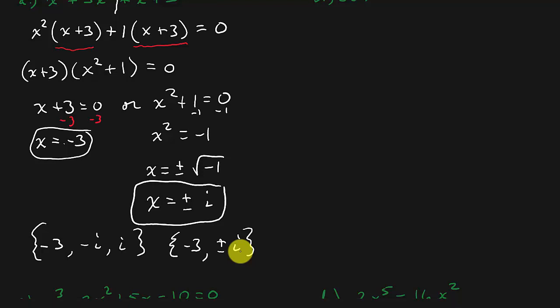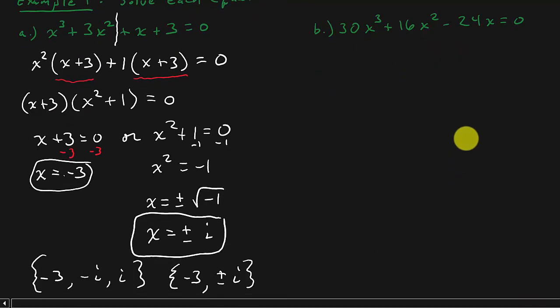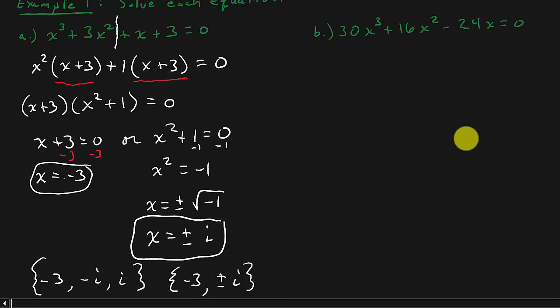All right, so let's take a look at the next problem. So remember, when you factor, you want to factor out the greatest common factor first if you can. So we can see here that the greatest common factor is 2x. And if we factor out a 2x, that's going to leave us with 15x squared plus 8x minus 12, and that equals 0.